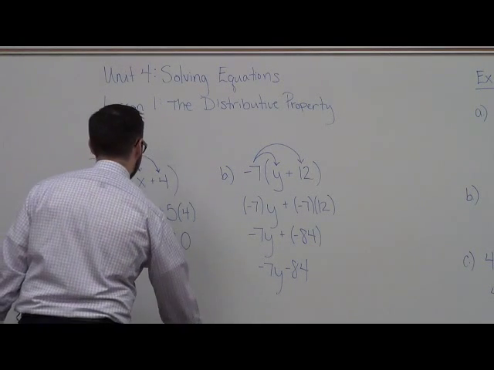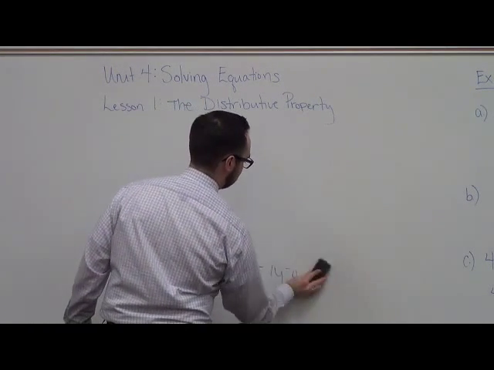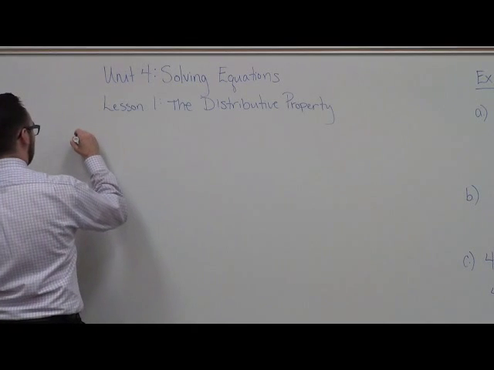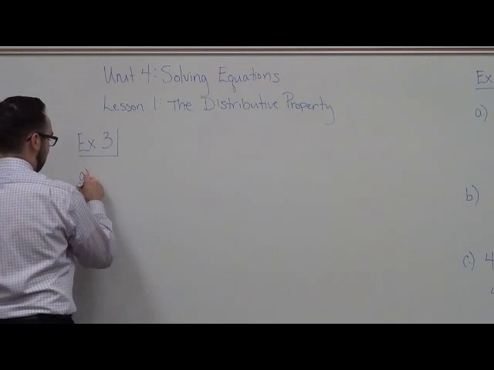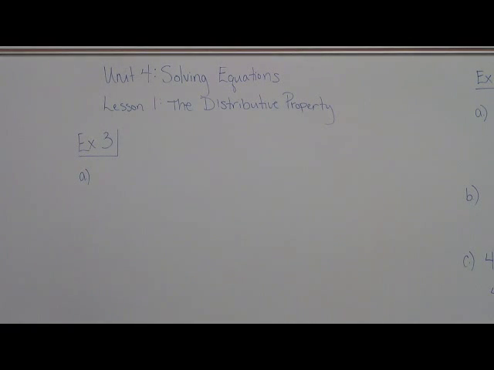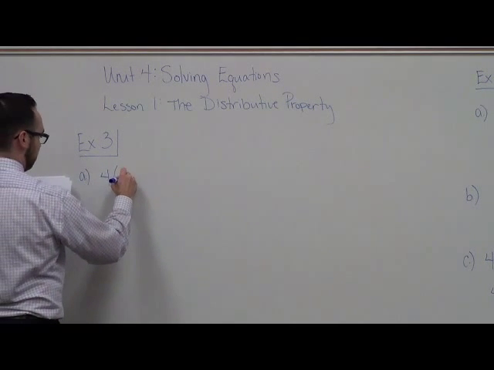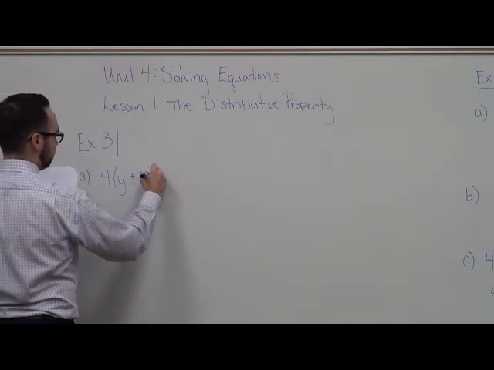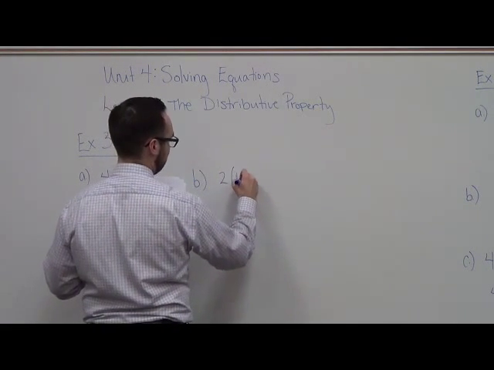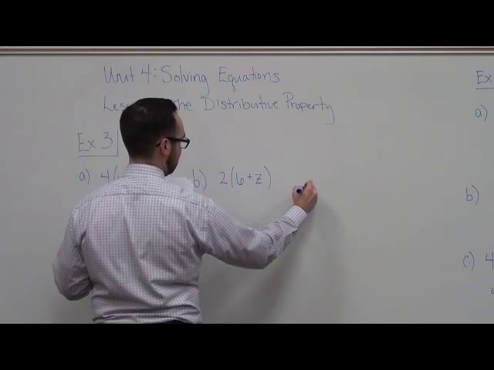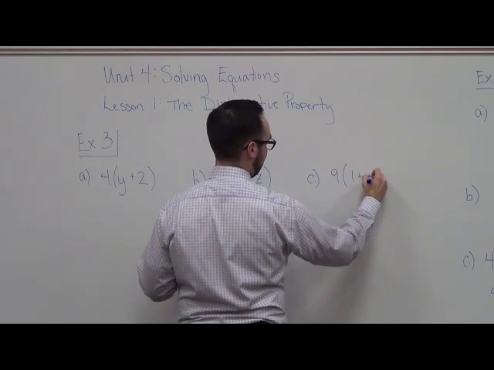Alright, let me give you a few more to try on your own. So example 3, letter A, we'll have 4 times y plus 2. B is going to be 2 times 6 plus z. And C will be 9 times 1 plus x.